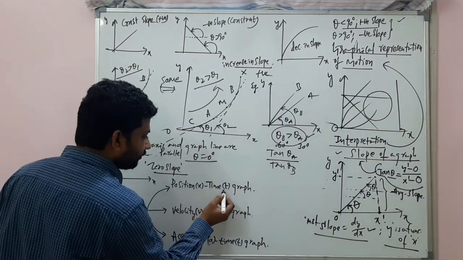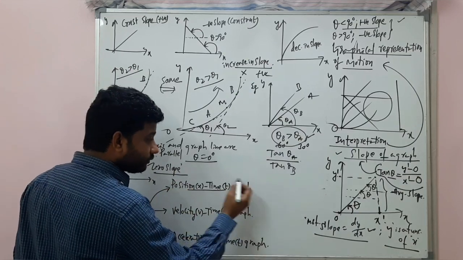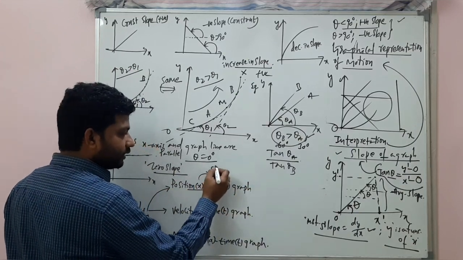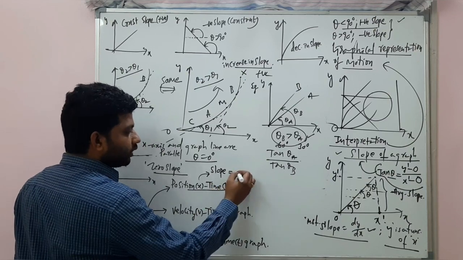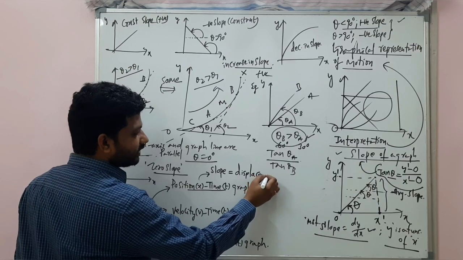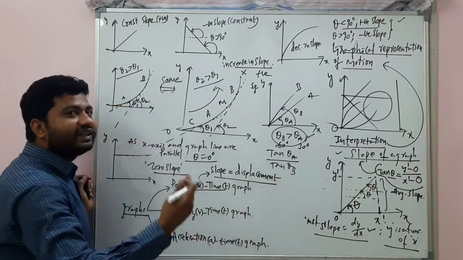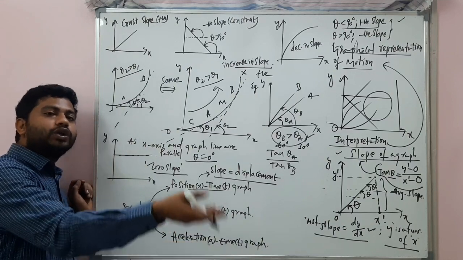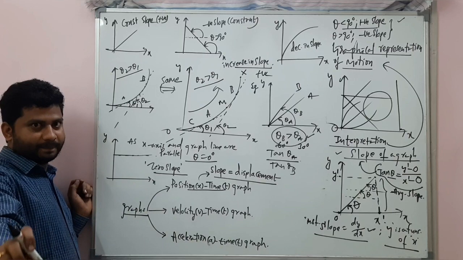And the second points are very, very important here. In position time graph, carefully see my dear children, the slope will give you displacement or distance. I am writing displacement here because when a body is moving in a straight line without turning back, the distance and displacement are same.